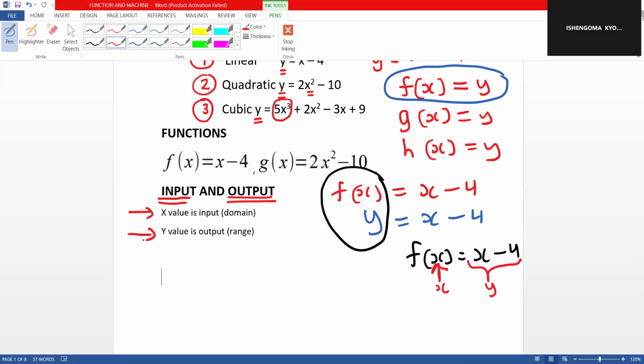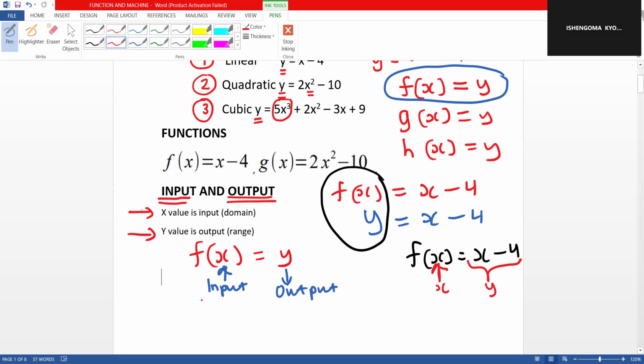And the output is what comes out of the function. So in a function, we have what we put in, and that is the x, and then we have what comes out, and that's the y, right? So the x is known as input, and the y is known as output.